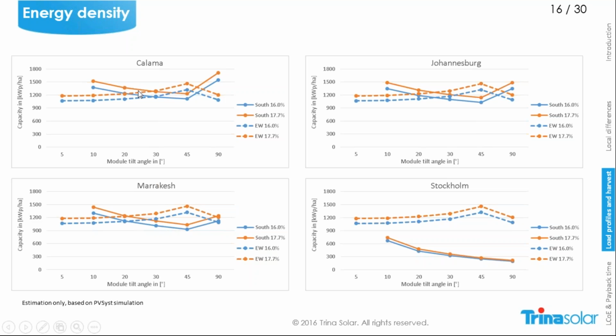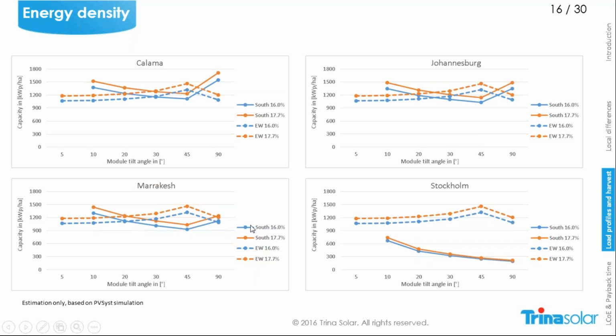And even if you're comparing both, for example here the south and an east-west, then you have the break-even point, so until which point it makes sense to use the one solution or the other solution, even in terms of how many modules you can place per hectare. This is displayed for Kalmar, as well as for Johannesburg, for Marrakesh, and for Stockholm. And you can see that the behavior between Kalmar, Johannesburg, and Marrakesh is quite similar.